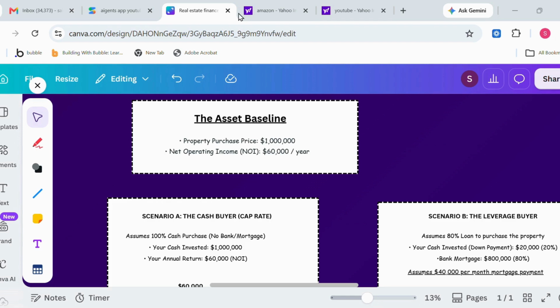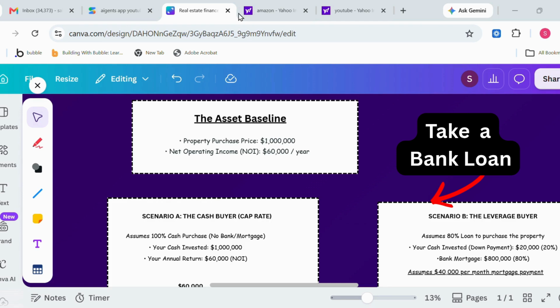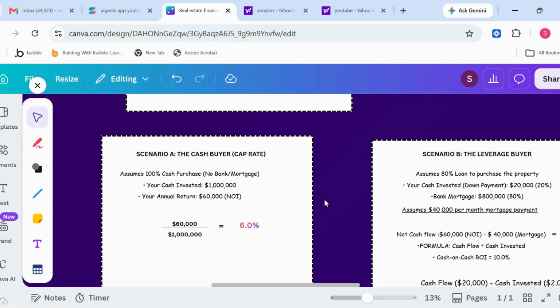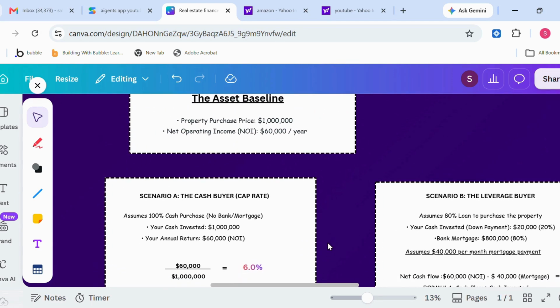Now let's go to scenario B, where you're a leverage buyer. So what do you mean by a leverage buyer? Assume you take a loan of 80%. So your LTV, which is loan to value, is 80%. You put down only 20%, which is $200,000 of cash, and borrow the rest from the bank.